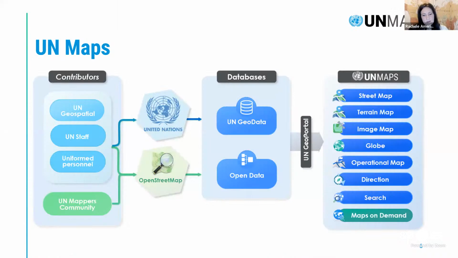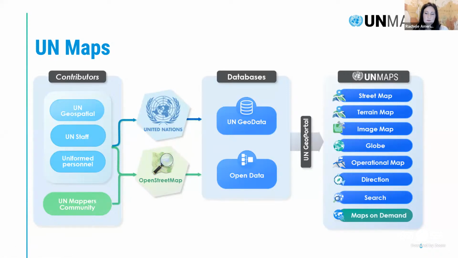So in UN Maps, we are working with a hybrid approach. On one side, we have all the United Nations data, which means, for example, the official boundaries of the countries, but we are also leveraging the open data.